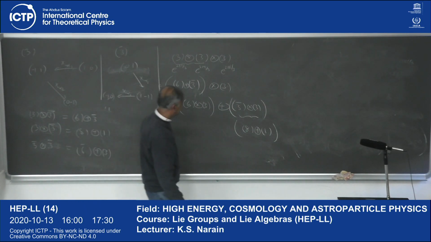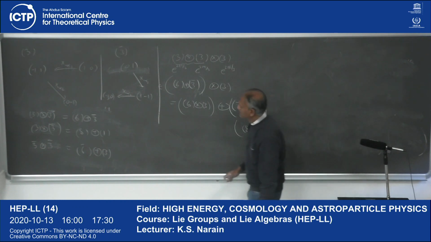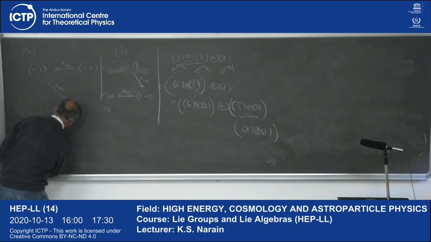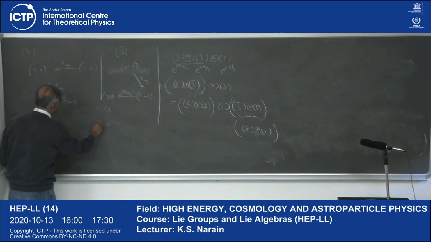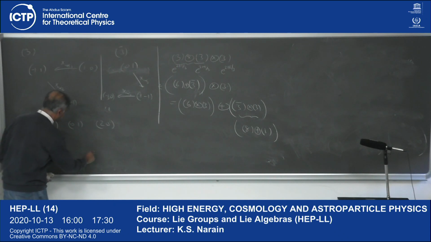Unfortunately, I erased that. The 6-dimensional representation was just a square. I mean, it was 2 0, minus 2 2, and 0 1. And then here you got minus 1 1.